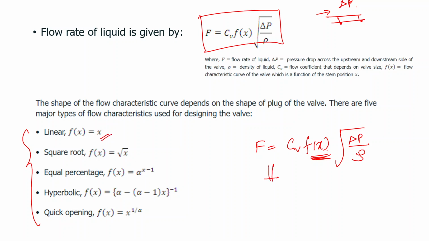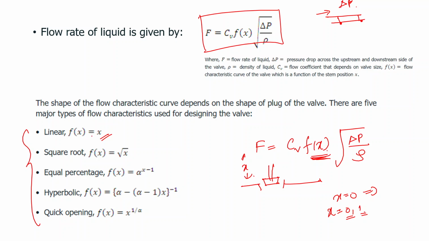So x basically denotes the stem position, and the value of x will vary from 0 to 1. Zero means the valve is fully open, and 1 means the valve is fully closed, that is, the valve plug is touching the seat.